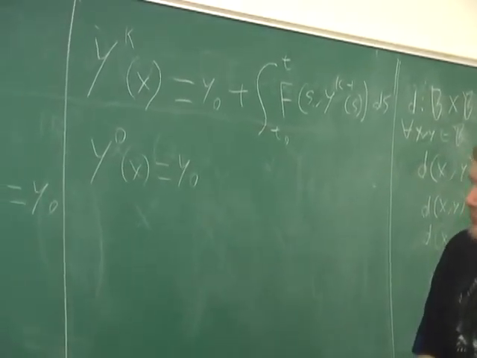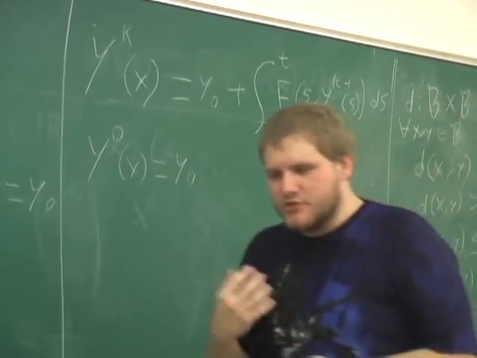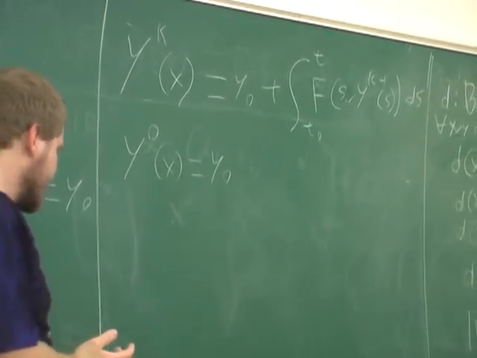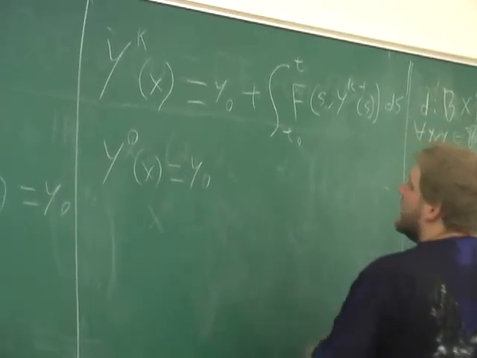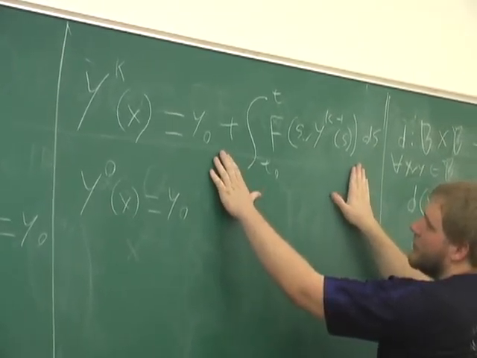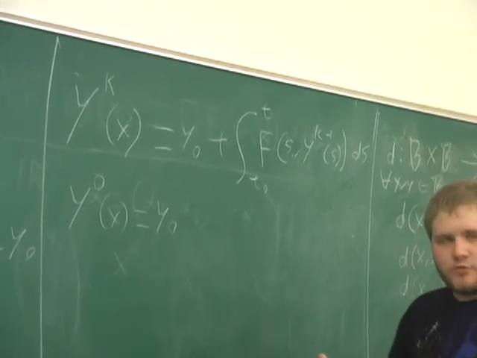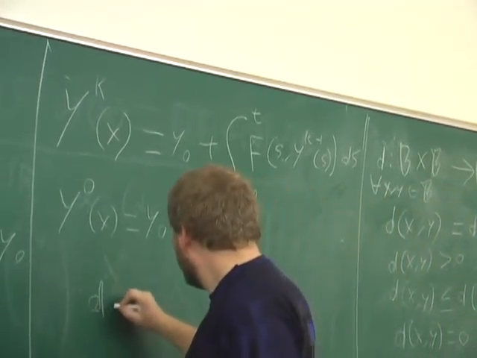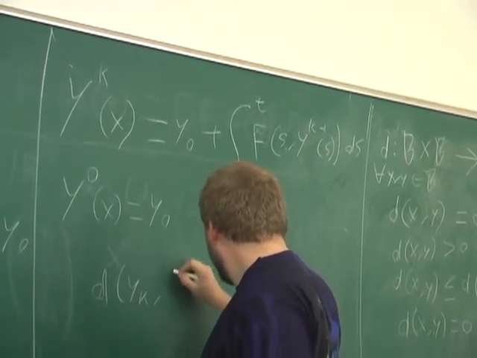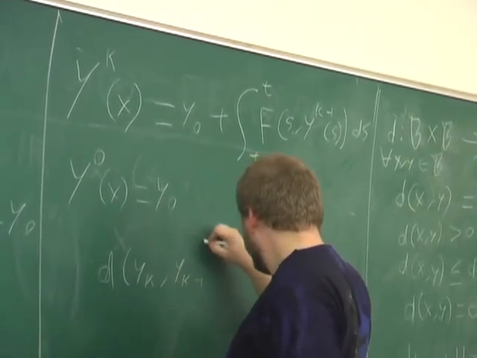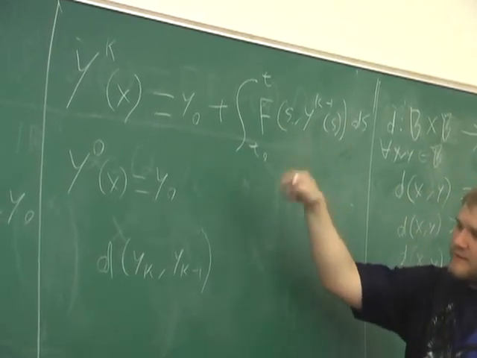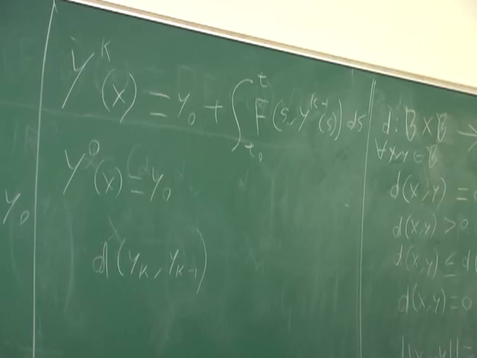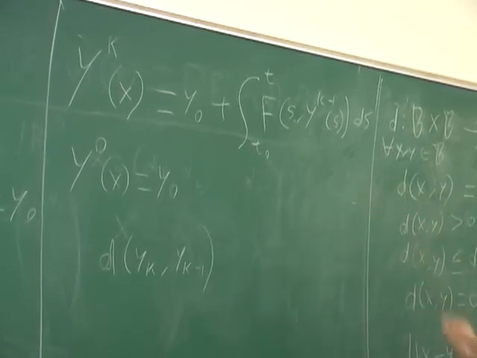but he discusses a contraction mapping and an operator on metric spaces. If we treat this as an operator on this metric space that sort of shrinks the distance between y_k and y_{k-1}, if this operator applied to these vectors shrinks this distance each time we apply it, then it's a contraction and it has a unique fixed point.